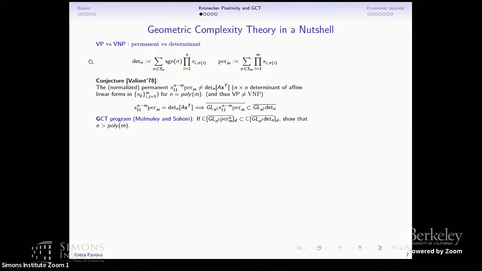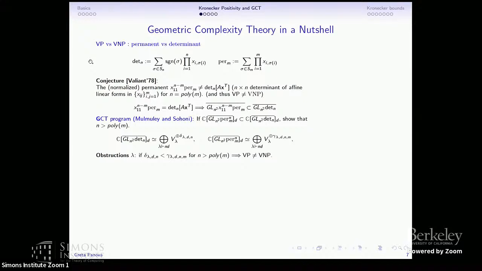And what the GCT program of Mulmuley and Sohoni says is that if this inclusion of coordinate rings holds, then we need to show that n is bigger than polynomial in m, and this would immediately disprove the other way, that the permanent is a polynomially large determinant.